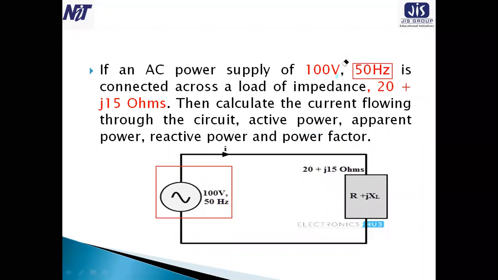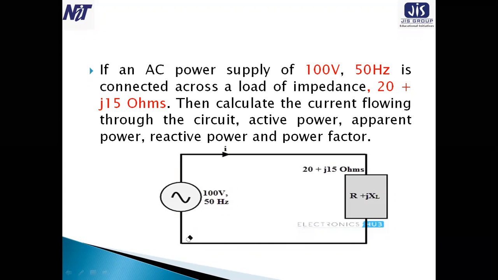Now, I already told you in my previous lectures that when it's a problem, when it's an example or exercise, anything related with numerical problem, first you have to identify what are the values which are given in the circuit, number one, and what is the problem, what is the value you have to calculate.